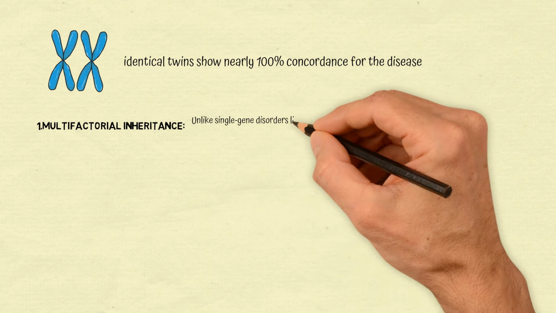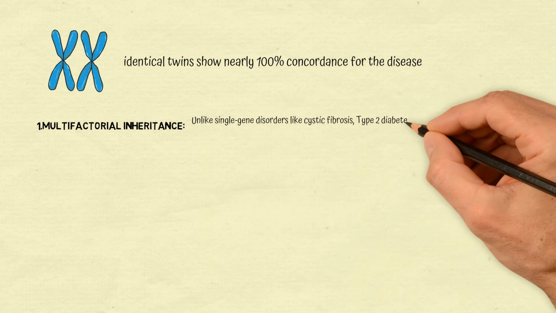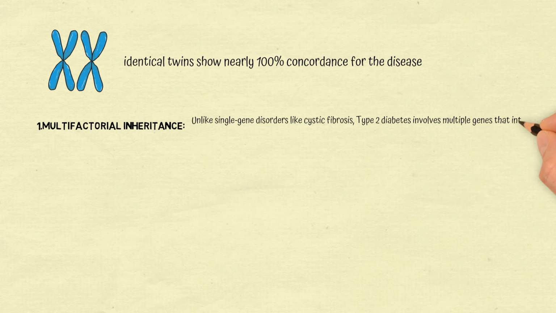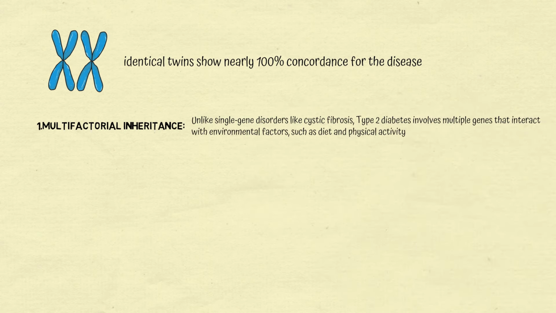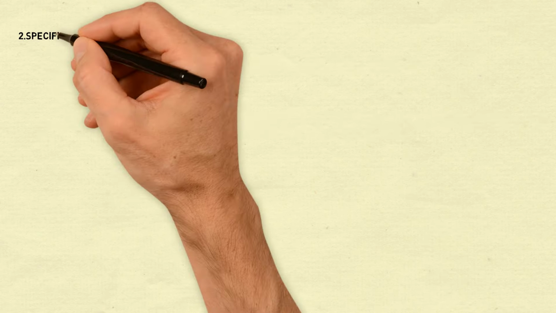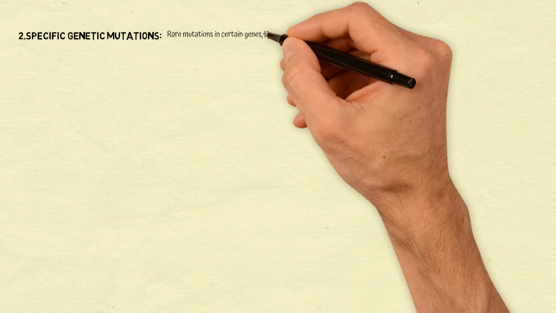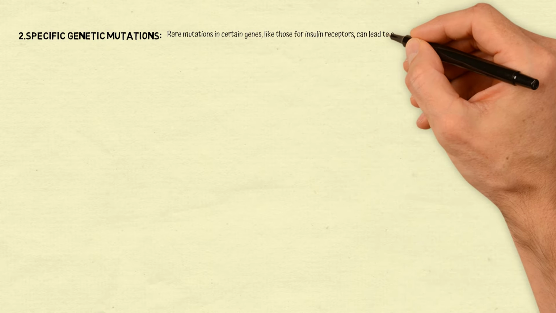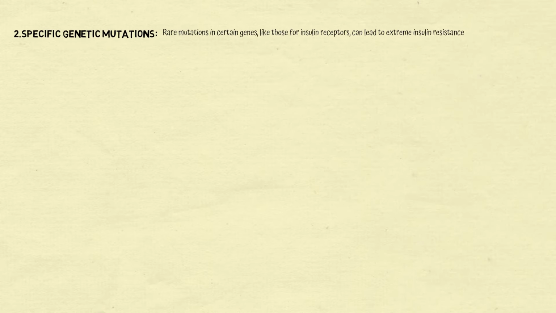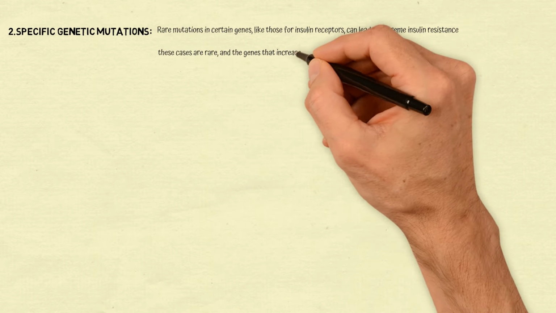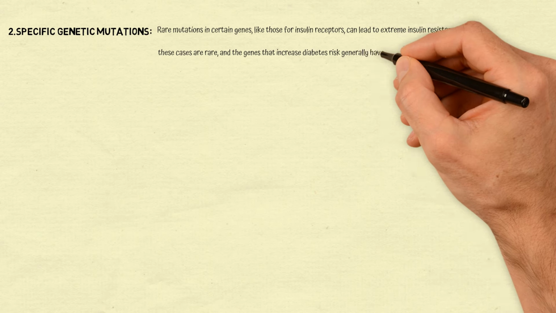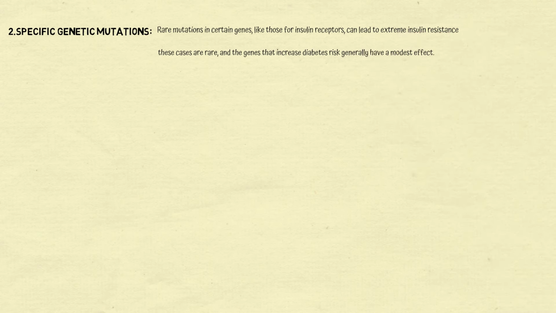Unlike single-gene disorders like cystic fibrosis, type 2 diabetes involves multiple genes that interact with environmental factors, such as diet and physical activity. 2. Specific genetic mutations. Rare mutations in certain genes, like those for insulin receptors, can lead to extreme insulin resistance. However, these cases are rare, and the genes that increase diabetes risk generally have a modest effect.